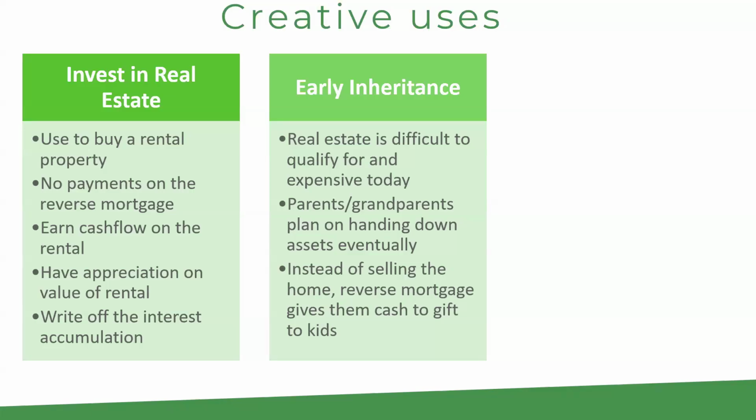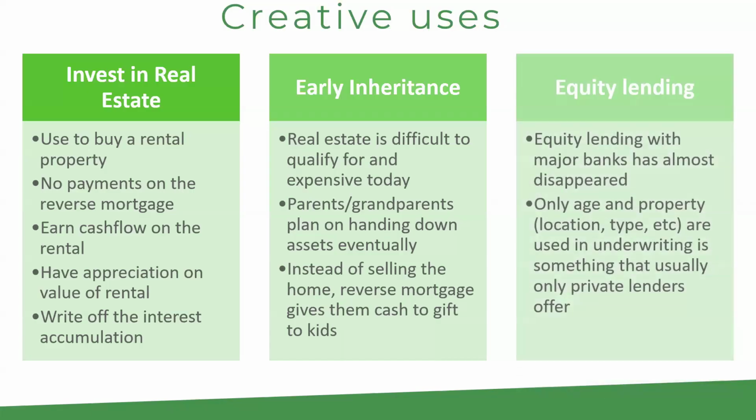We've been seeing a lot of this happen where parents or grandparents are wanting to help their kids get into real estate and get their life started, but they can't afford the payments to borrow money against the home, and they don't have other assets that they can provide. The other way that we've noticed is equity lending. So equity lending, for the most part, has disappeared with pretty much all the banks.